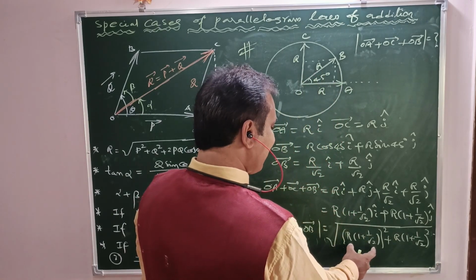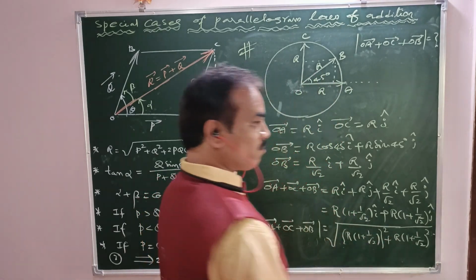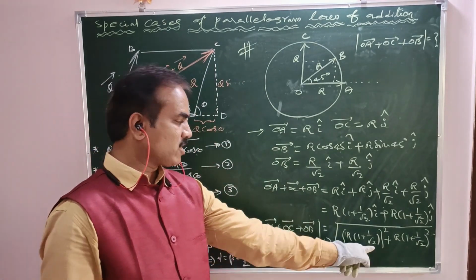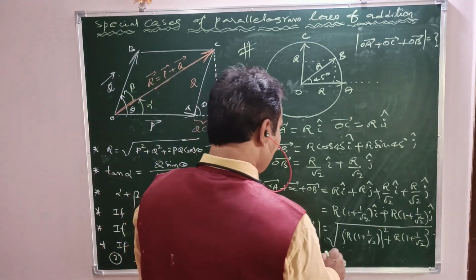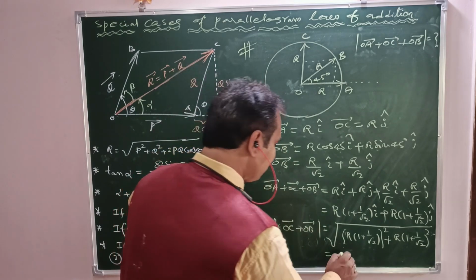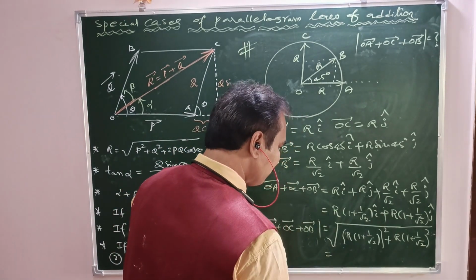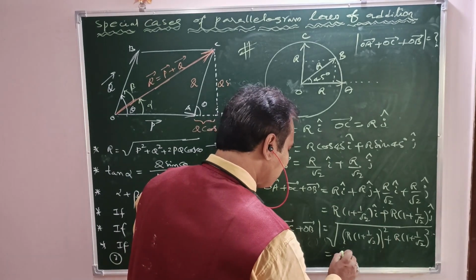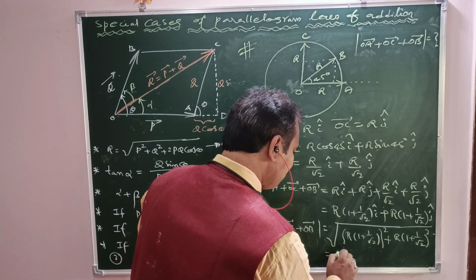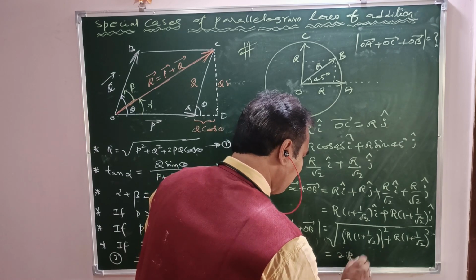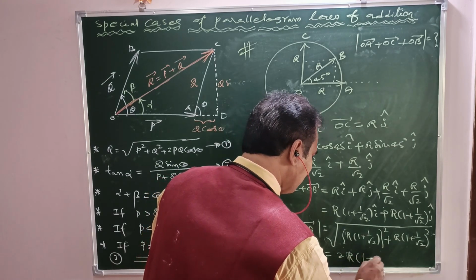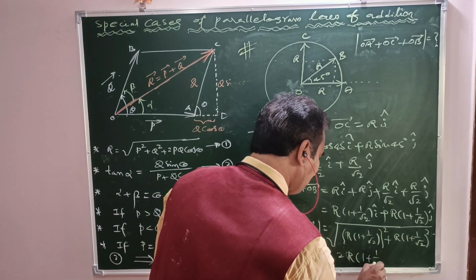This is x, this is also x, so x square plus x square is 2x square under root. Square root cancels, that is 2R into (1 plus 1 by root 2).